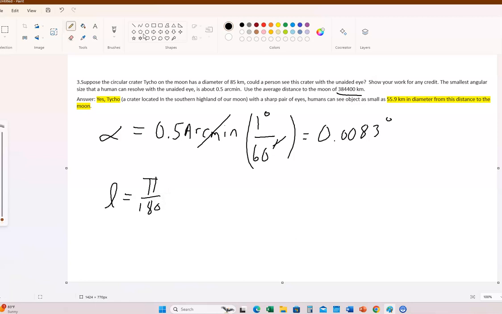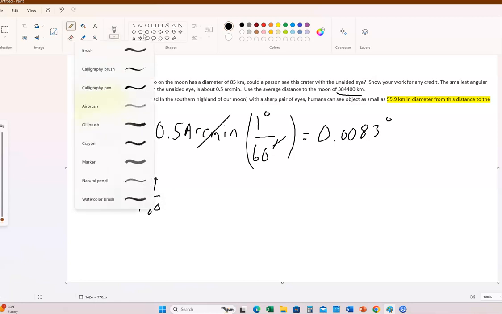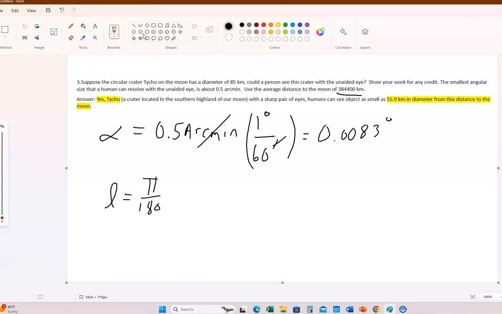Pi over 180 times the distance, which here is 384,400 kilometers, times alpha.